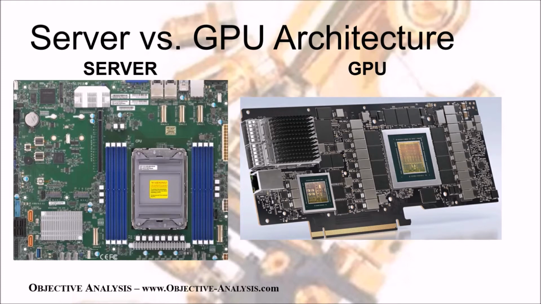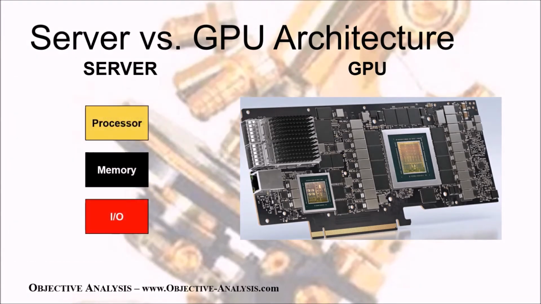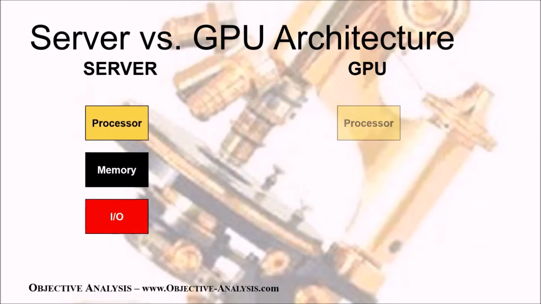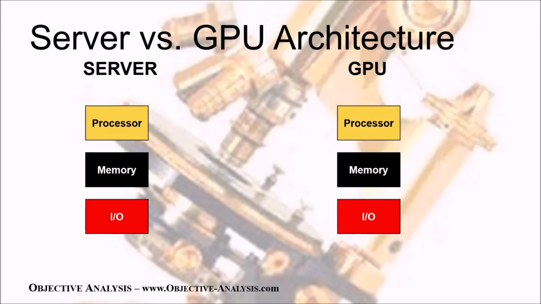A server is made of a processor, a memory, and I/O. A GPU is made of a processor, memory, and I/O. They are very similar in that aspect. The server loads images from its own memory into the GPU's memory via a PCI bus, which is very fast, but which is much slower than memory access.